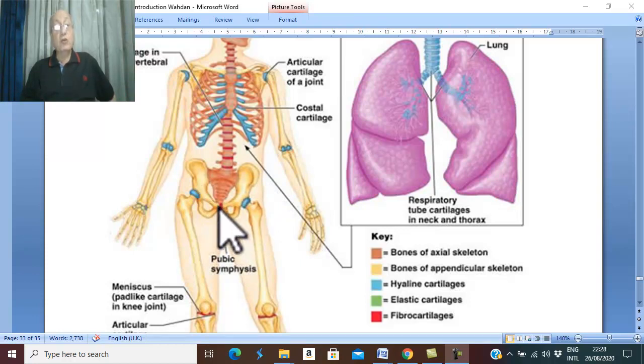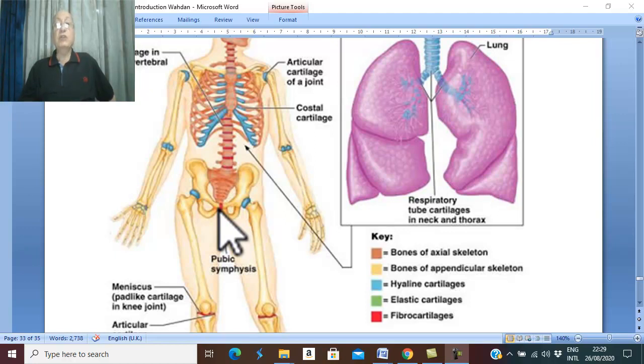The two bones are connected together here by a piece of white fibrocartilage, and this fibrocartilage is called symphysis pubis or pubic symphysis. Therefore, the red color is the white fibrocartilage: intervertebral discs and symphysis pubis.